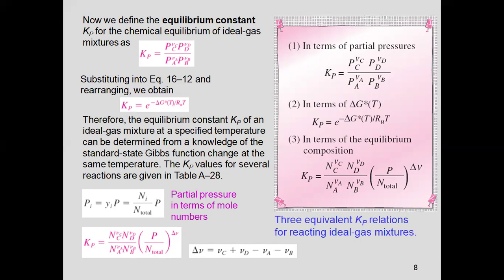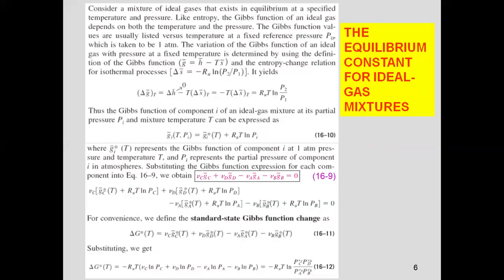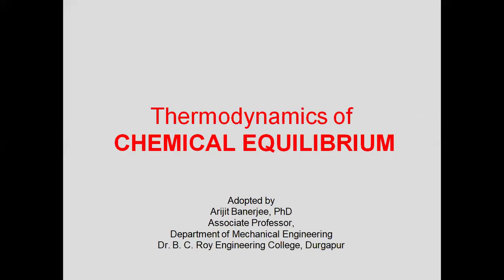So from that we can calculate the final Gibbs function that we need to use in the equilibrium criterion. That we have done, and also we solved one problem in the last class. Okay.